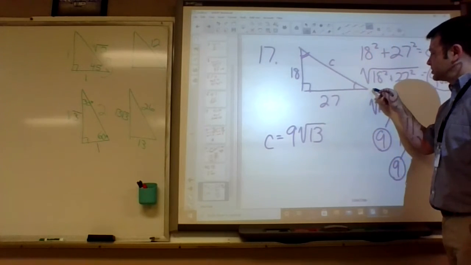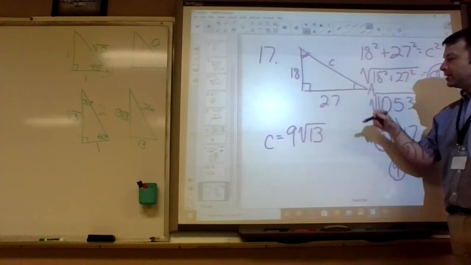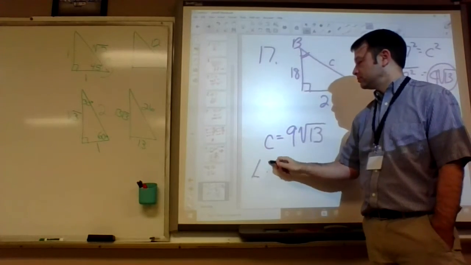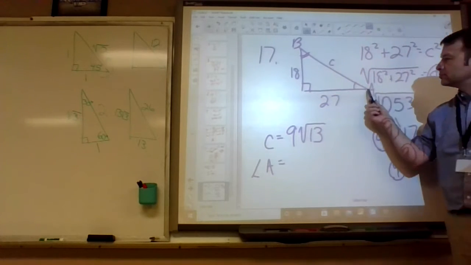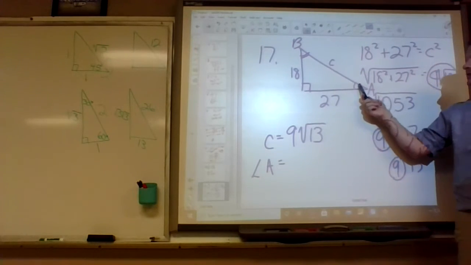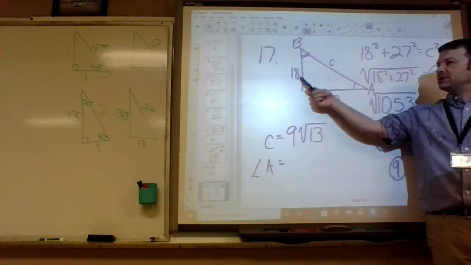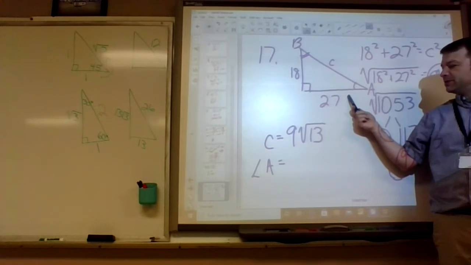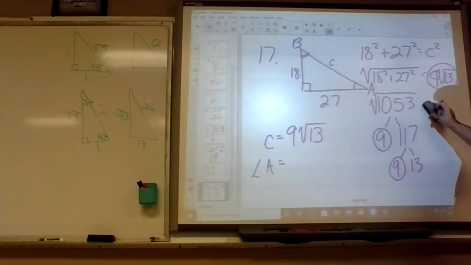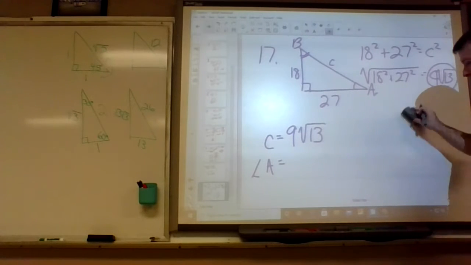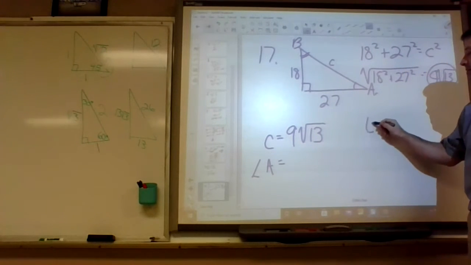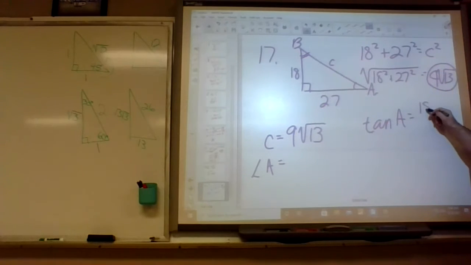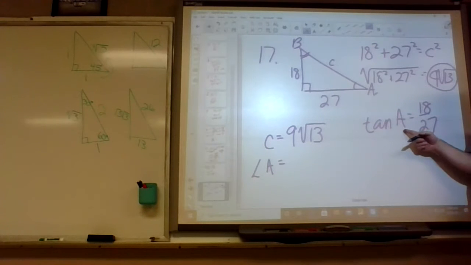Okay, so I'll call this angle A down here. How could I find angle A? Relative to angle A, what's this side called? Opposite. And what trig function is opposite adjacent? Tangent. So that means tangent of angle A equals opposite over adjacent. So how do I find angle A here?